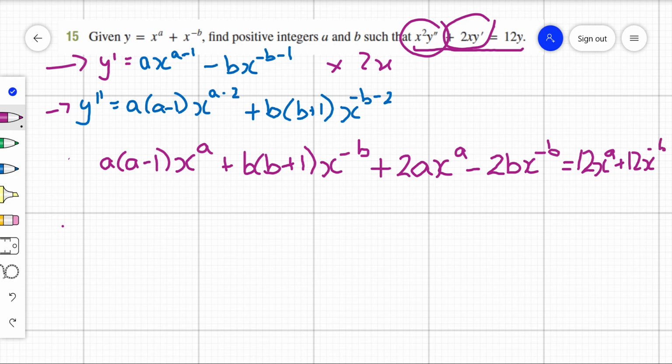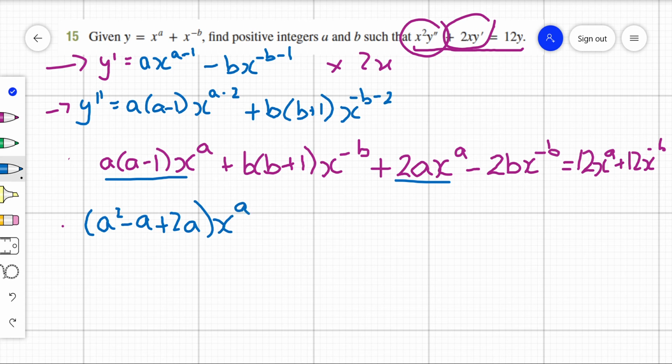So I'm going to put all my x to the a's and x to the b's together on the left hand side so I can compare to the right hand side. This has x to the a in it and this has x to the a in it, so let's put those together. My coefficient of x to the a is a squared minus a in that first term plus 2a in that second term. Now let's do the b's.